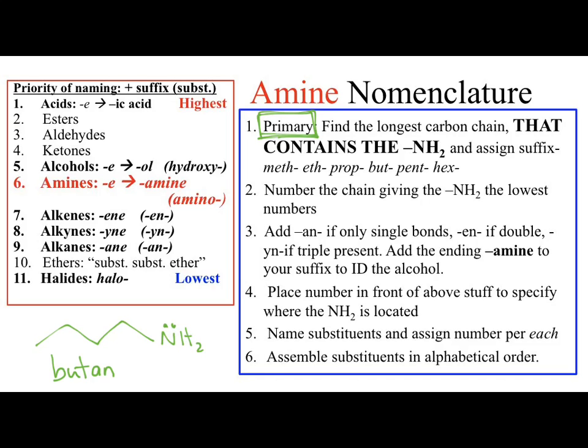We can then go through and put in our last part. Dang it. Thought I caught all my copy-paste errors. Okay. And we get butanamine. So we kind of run it all together into one nice big name.